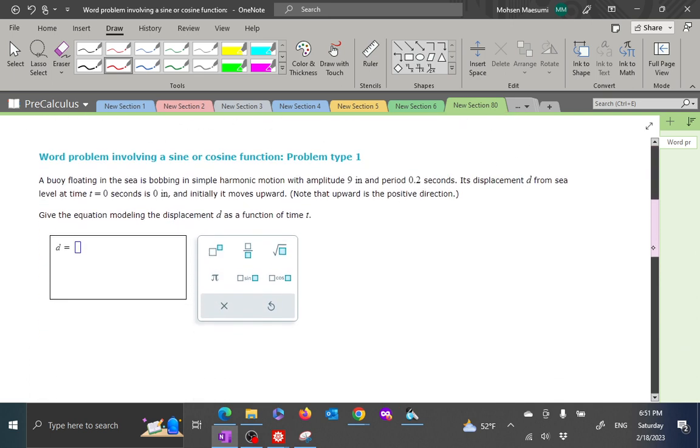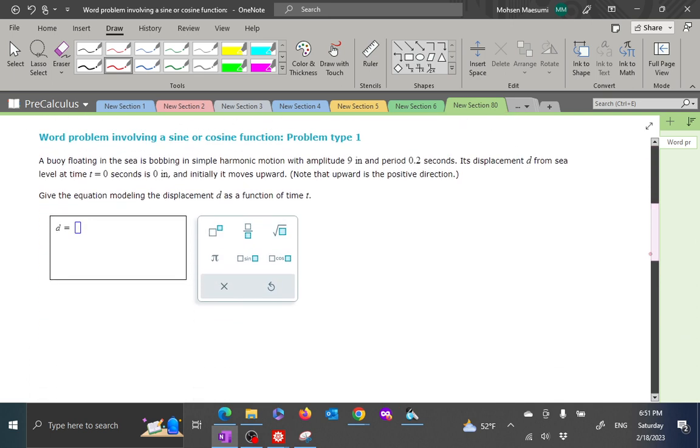Okay, let's look at the simplest type of problems of this type. A floating object in the sea is bobbing in simple harmonic motion. That's our clue that this is simple harmonic motion, with an amplitude of 9 inches. So the absolute value of a is 9 inches. We are given that the period is 0.2 seconds. So let's write y equals a sine of bt.